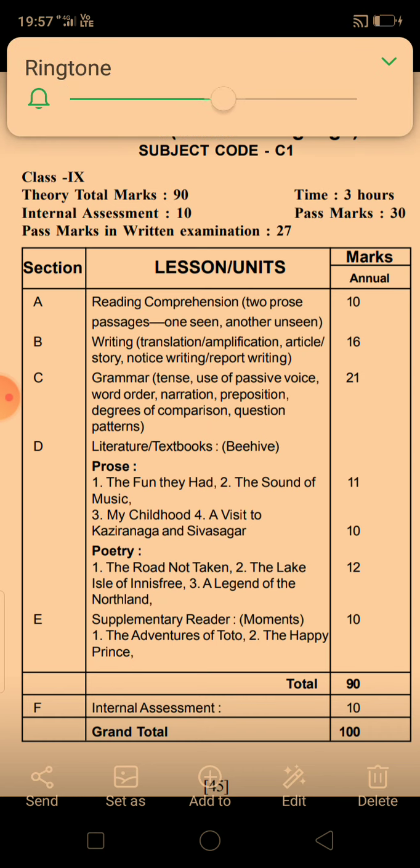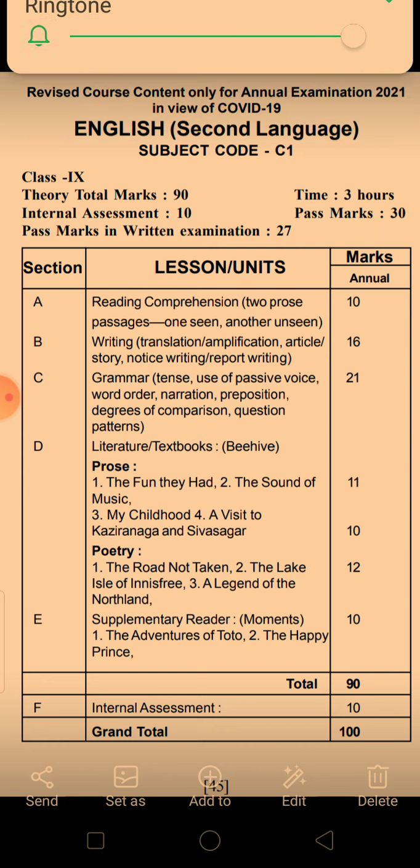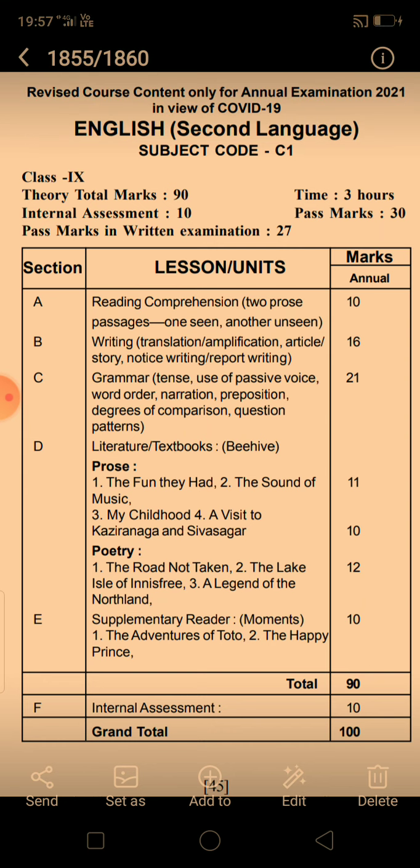So here, if we look nicely, we would see that your exam will still have the same 3 hours for both 9 and 10, and then your pass mark would be 30. Here you would see that Section A will carry 10 marks, and that would be reading comprehension, and you will get 2 prose passages.